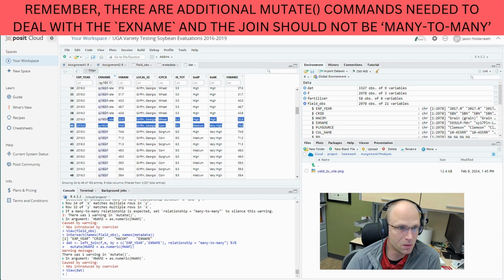Every row of the field obs, the first one that matched SY16GRF got the one with corn and medium soil P and very high soil K. And then the next match got the field that was sorghum and got a little less irrigation, had high soil P.